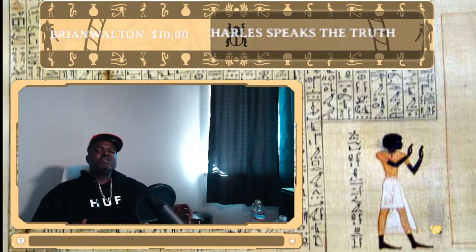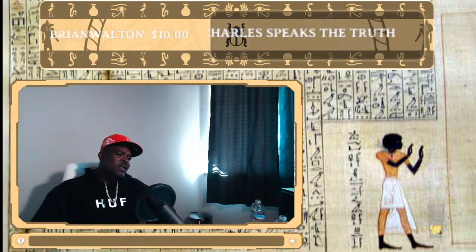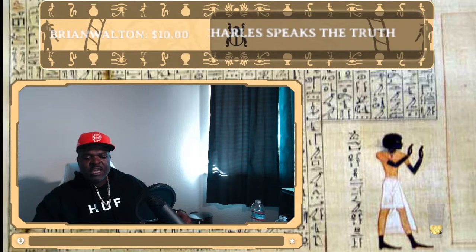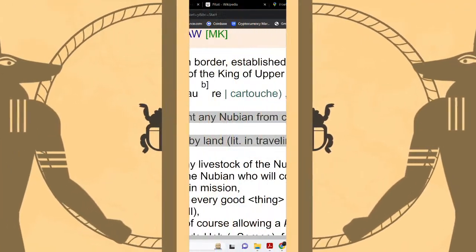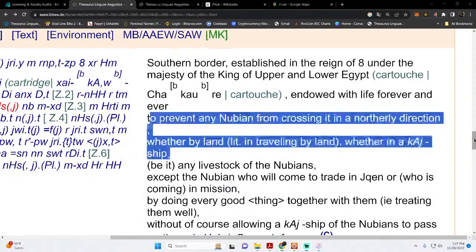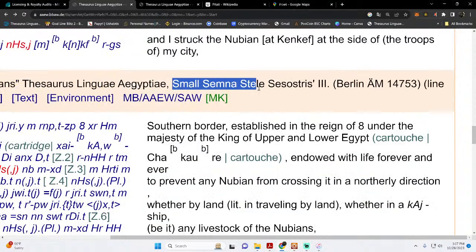Now we know this new Kush to be a powerful polity in the south. So then what he had to do right here was go all the way down to Semna. These stelae are called the Semna stelae. If I go up on here, I already know what it's going to say, Semna, bro. It's not going to change. So if I got this memorized, it's already memorized.